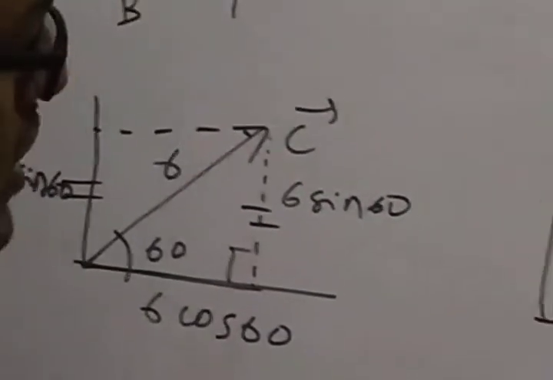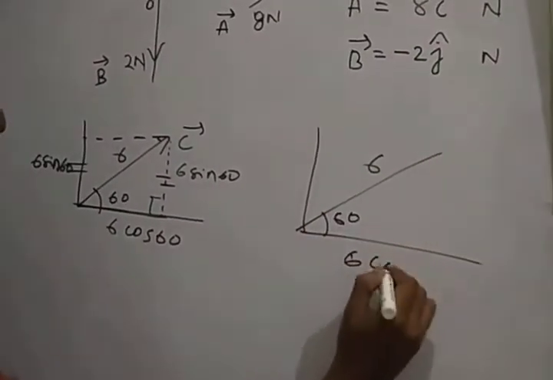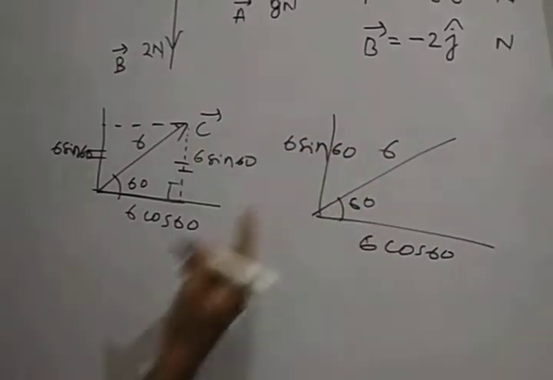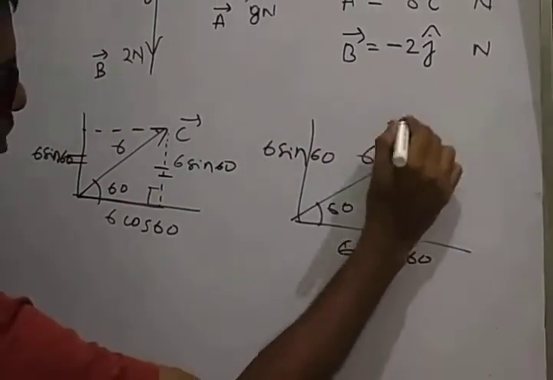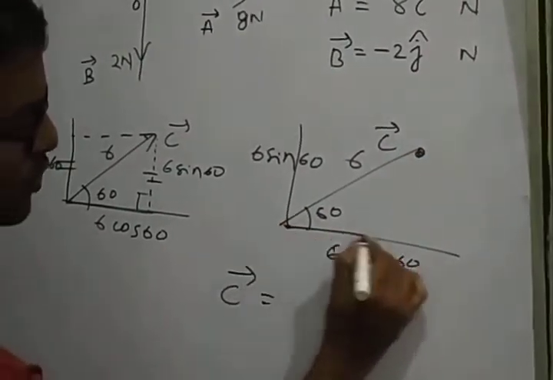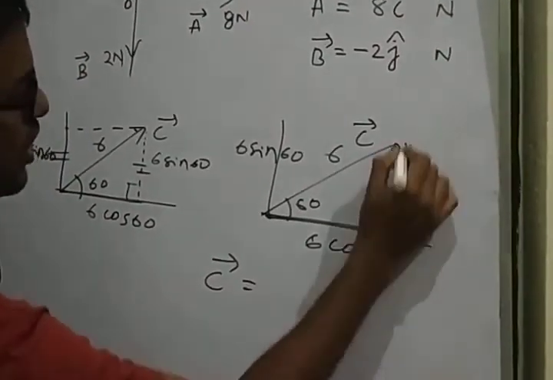Once again I am drawing this diagram. If this angle is 60, then this will be 6 cos 60 and this will be 6 sin 60. So this is my vector c. To reach here I have to go 6 cos 60 along the x-axis, then 6 sin 60 along the y-axis.